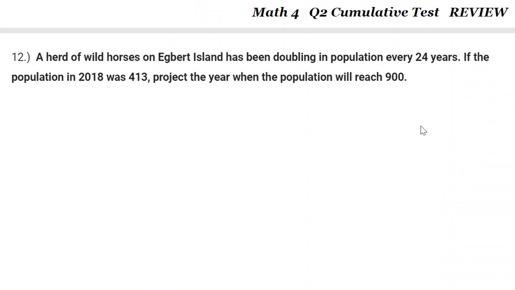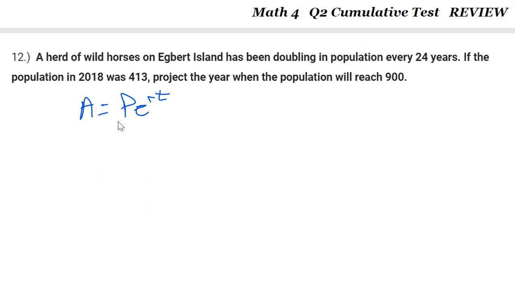All right, wild horses on Egbert Island. Now, this is where we're using the formula of basically PERT. That's the same formula, really. And, oh, wait a minute, this is doubling. This is doubling, that's right.